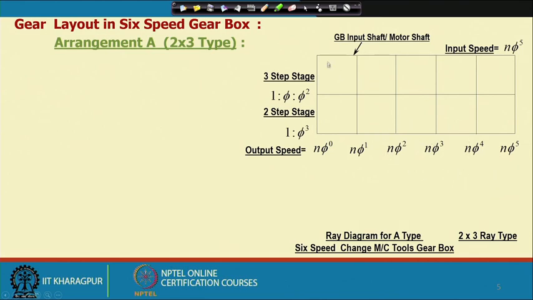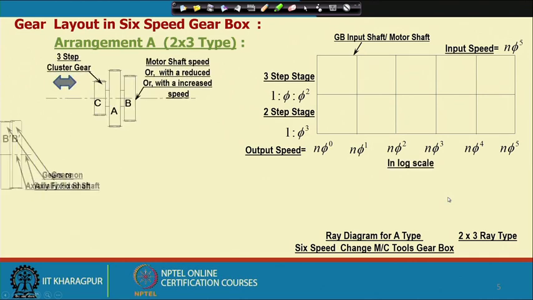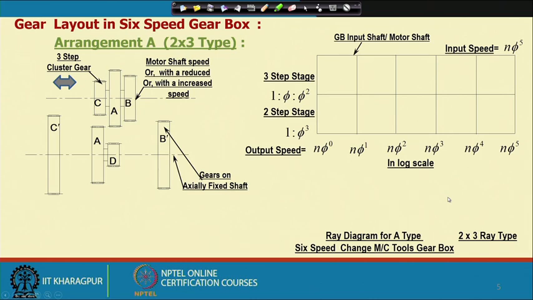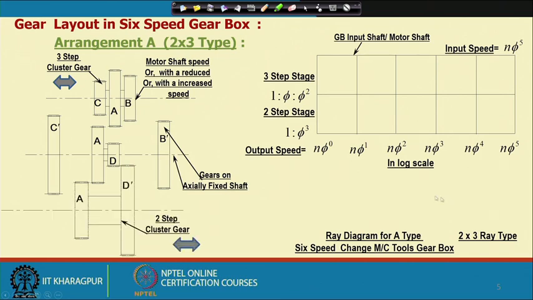So, first of all, for a 6-speed gearbox, one is a 3-step stage and the other a 2-step stage; 2 stages are there. So, we will consider this for the ray diagram, and these are the gear sets we are having.